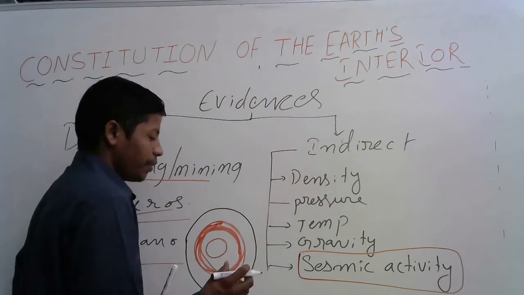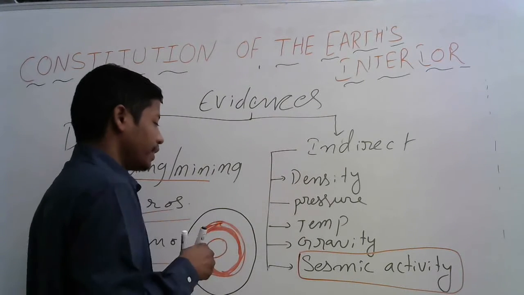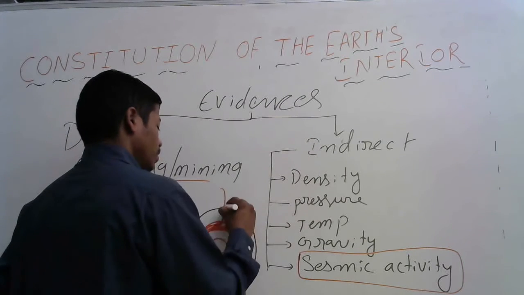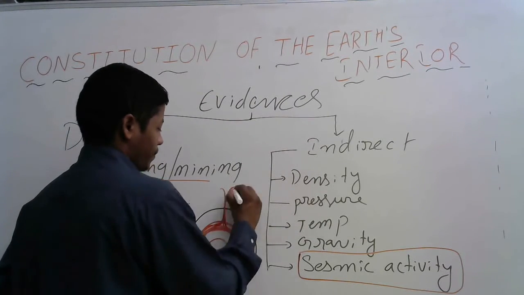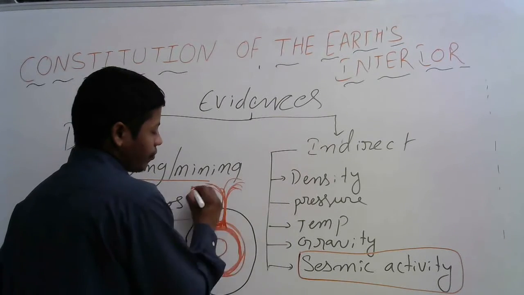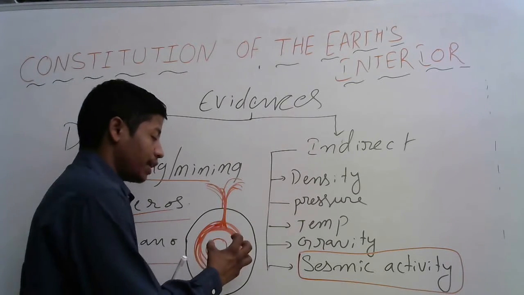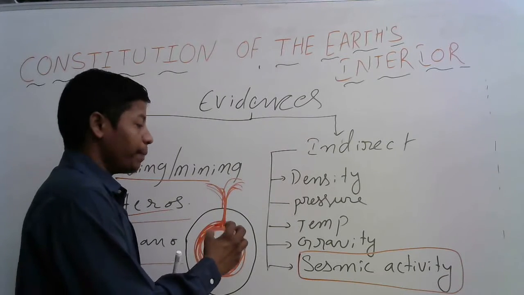When a volcano erupts, the material comes from 100 to 700 kilometers depth of the upper mantle.